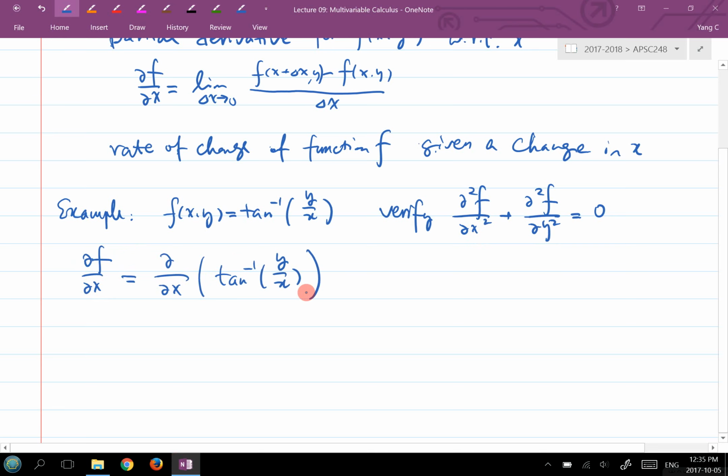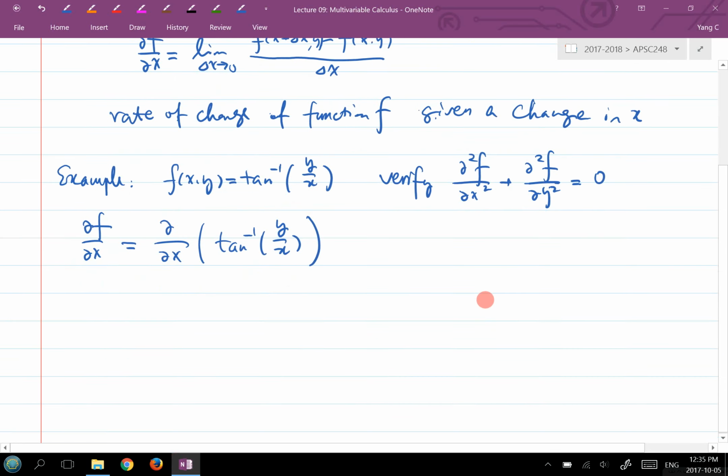If you want to write it, you better write it this way, because I've seen so many times students, when they take a partial derivative, without writing this, just write this one here, and then they start to put an equals sign for the rest of the things. Technically it's not right, and it's also very dangerous. You could make some mistakes if you don't write it properly.